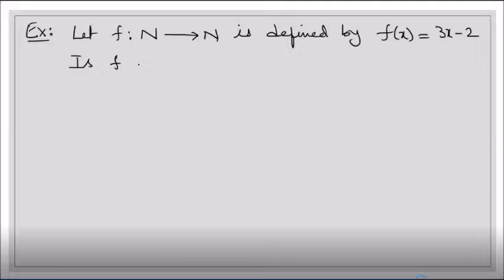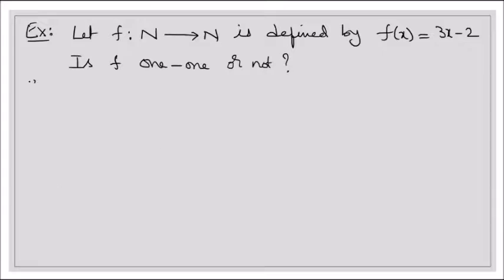Is f one-to-one? Solution. Given f maps natural numbers to natural numbers, defined by f of x equals 3x minus 2.